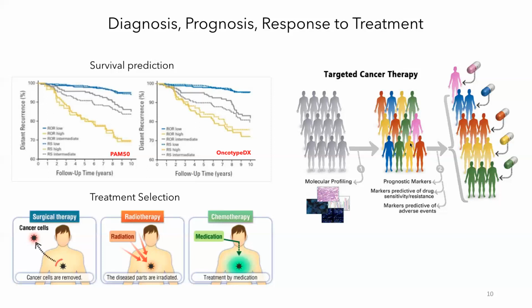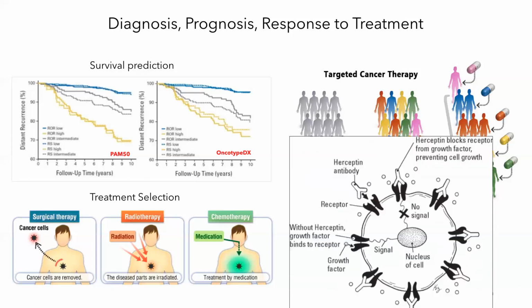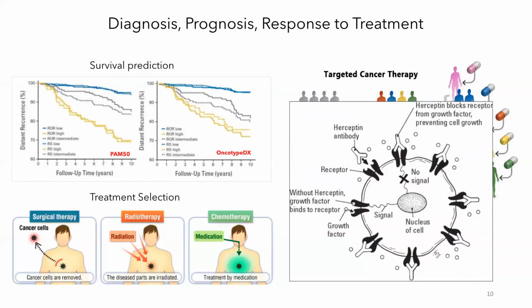So a good example of this kind of targeted therapy is Herceptin. Herceptin is an antibody that blocks a receptor, a HER2 receptor. And so this receptor actually is a gateway for a signaling pathway. And the signaling pathway, you can see, actually causes the cell to proliferate uncontrollably.